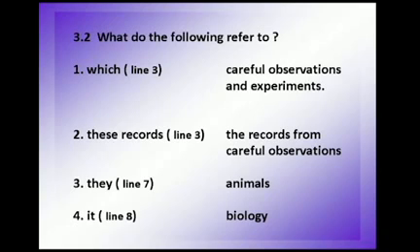The text says that this knowledge has been put together systematically by means of careful observations and experiments, the results of which are recorded. So, the relative pronoun "which" refers to careful observations and experiments. Similarly, "these records" in line 3 refers to the records from careful observations and experiments.